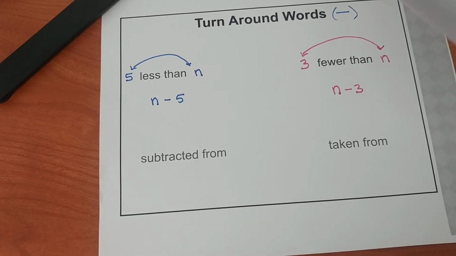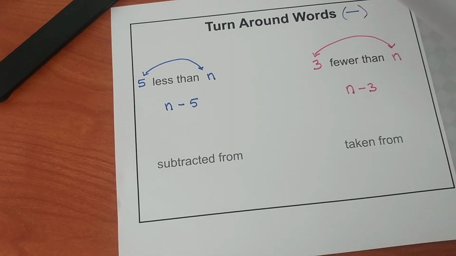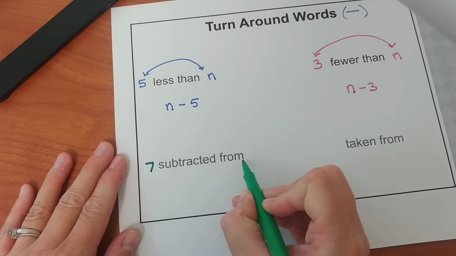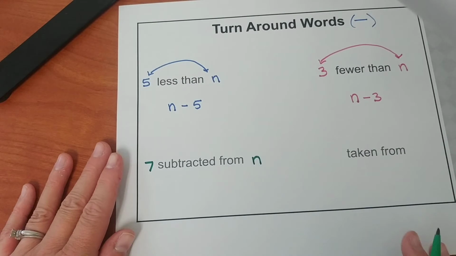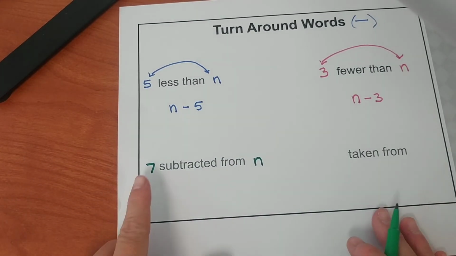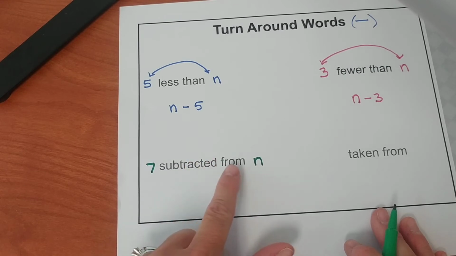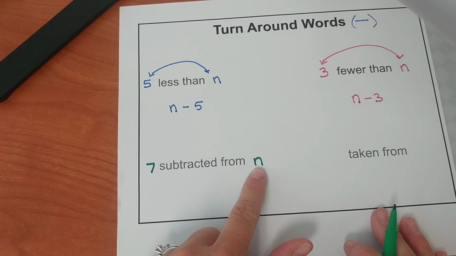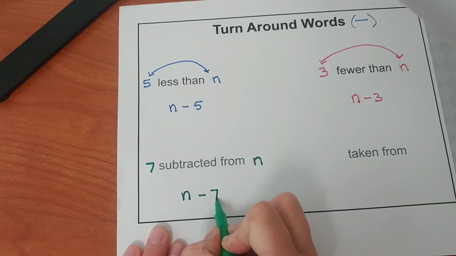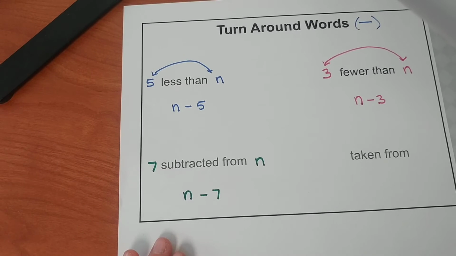Okay, this next one, subtracted from. Well, let's say that I have 7 subtracted from a number. Would that be 7 minus n? What if it's 7 subtracted from your age? If I said to take 7 subtracted from your age, wouldn't you take the number that's your age and then minus 7 after it? Absolutely.